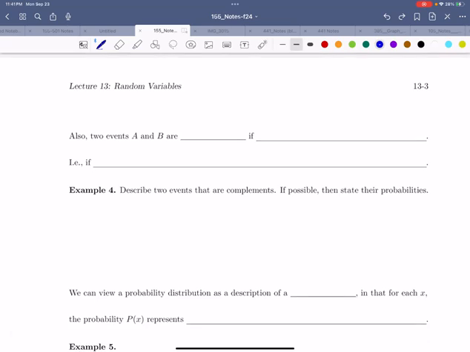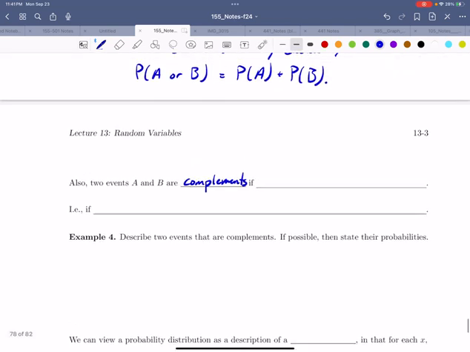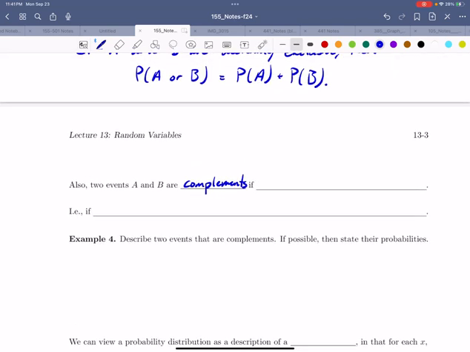Also, 2 events A and B are complements. That's complements, not compliments. They're not saying something nice about each other. Now you could think of this 2 ways. Number 1, they have nothing in common, they have no outcomes in common.